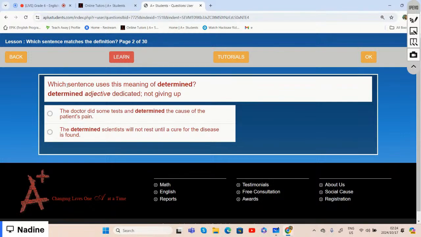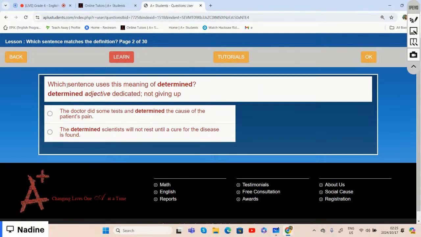The next one says, which sentence uses the meaning of determined? Determined is an adjective. It is dedicated or not giving up. Option one says the doctor did some tests and determined the cause of the patient's pain. Or option two, the determined scientist will not rest until a cure for the disease is found.